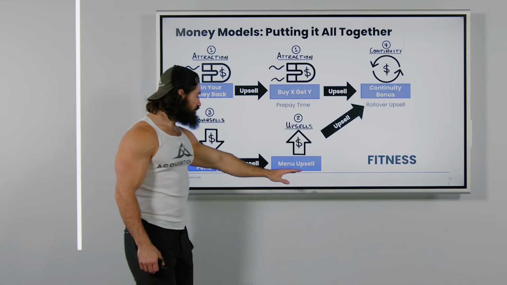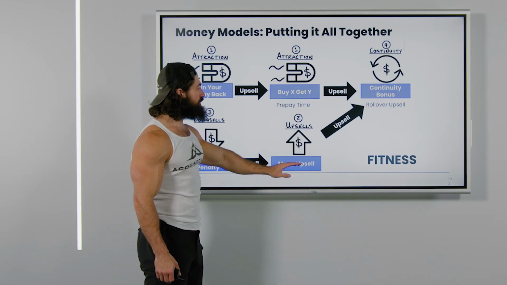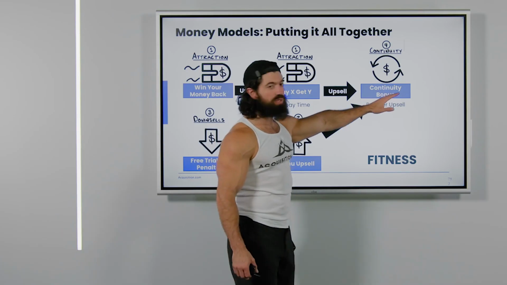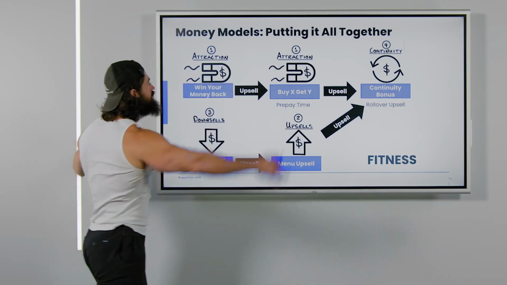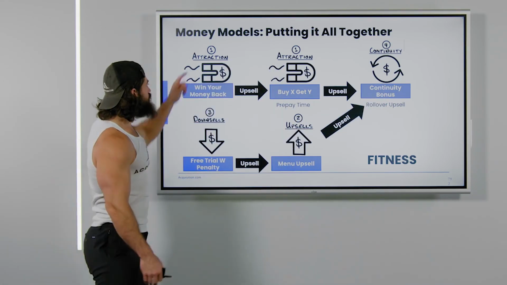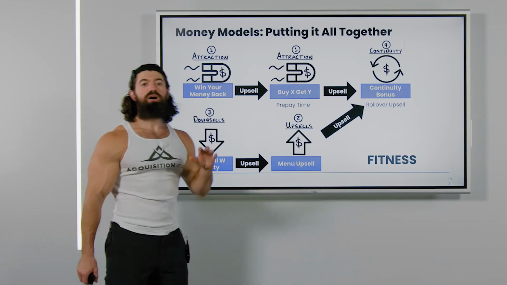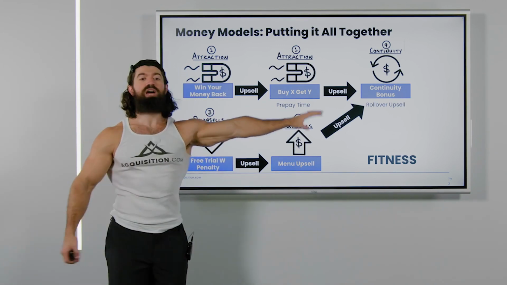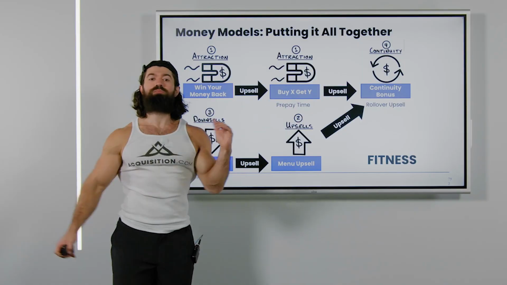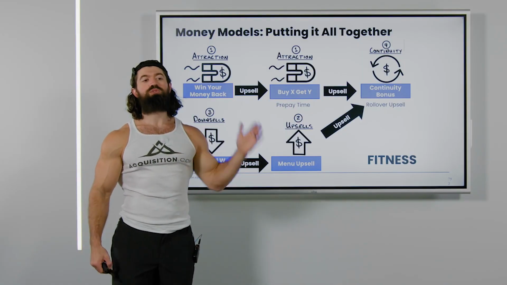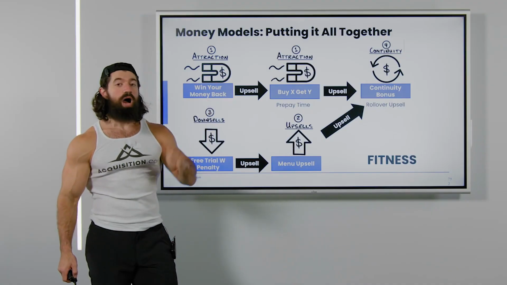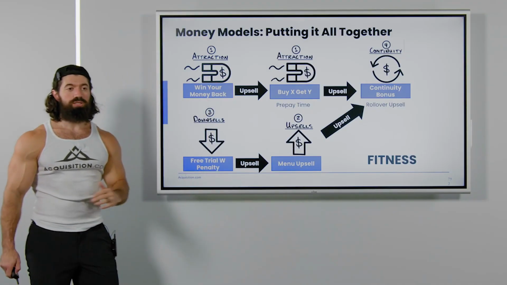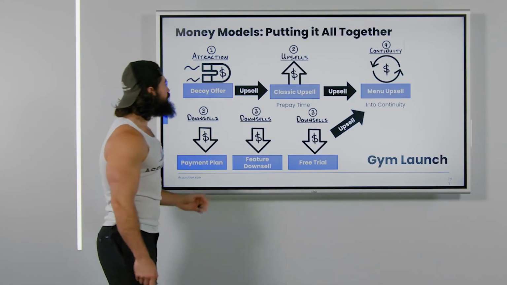And then we would do the menu upsell in terms of supplements. And then we'd do the rollover upsell on the back end. And so this was fundamentally the money model. So I used 1, 2, 3, 4, 5 of the offers that I talked about to make the money model that we had for fitness. This model was superior to other models on the market, which is why our gyms consistently outcompete other gyms in the marketplace.